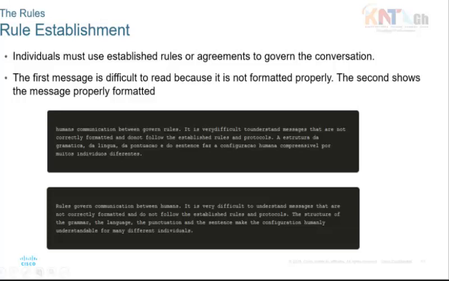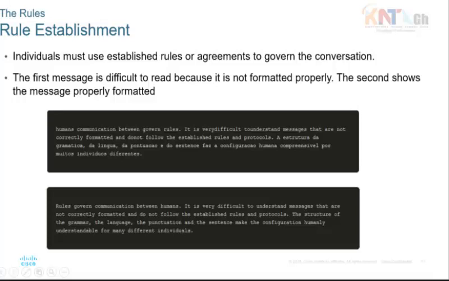So if you attempt to read this message, you see the difficulty because the message is not properly formatted. And at one point, you see that you have another language in the English language that was attempted to be used to deliver the message. But when you look at it down, you can easily read it. Rules govern communications between humans.